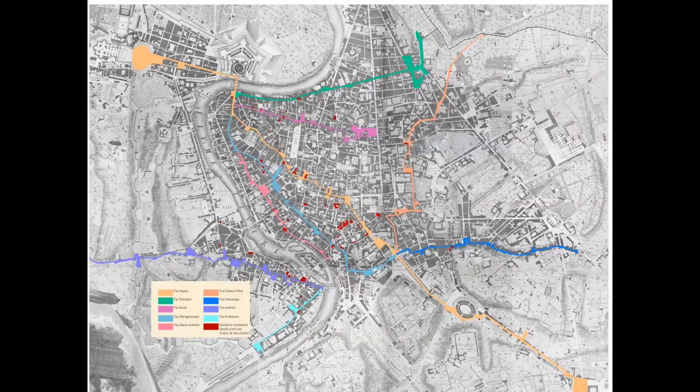So essentially, if we go back to the Middle Ages and look at the porticos, what I did was I took the Nolli plan and started to map out the major streets historically that have still maintained, for the most part, their sequences through the city. And then on top of it in red are the locations of the porticos that are still standing today in the center of Rome.